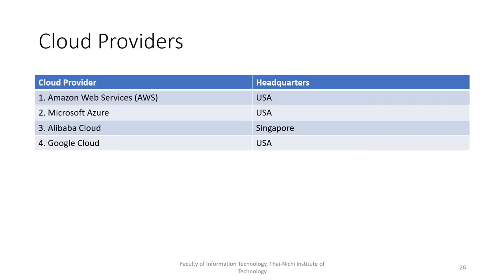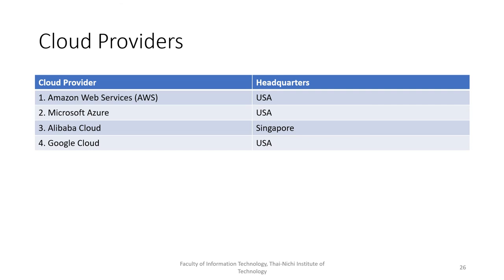And right now I would like to discuss the top four cloud providers which are available. We have Amazon Web Services, which is the largest as of now in the whole world, and then we have Microsoft Azure, and the third largest provider is Alibaba Cloud.